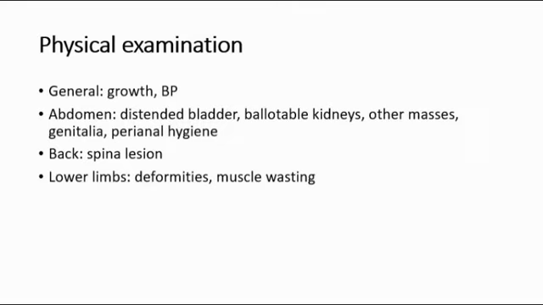Can also check the genitalia and also perianal hygiene. We can also look at the back to look for any spine lesion like spina bifida, and also can check the lower limbs to check for any deformities or muscle wasting to suggest a neurogenic bladder.